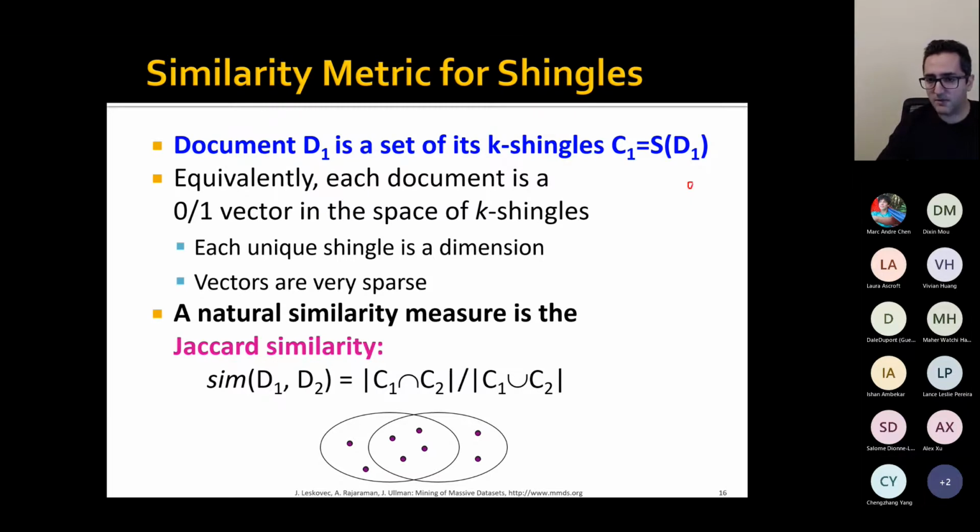It starts from AA, and then AB, AC, it covers all of the A's, and then we start with B, BA, BB, so on and so forth, and then it finishes with ZZ, right? So these are all possible shingles. Agree? So technically, I can represent a document as a vector, a Boolean vector, that is something like this.